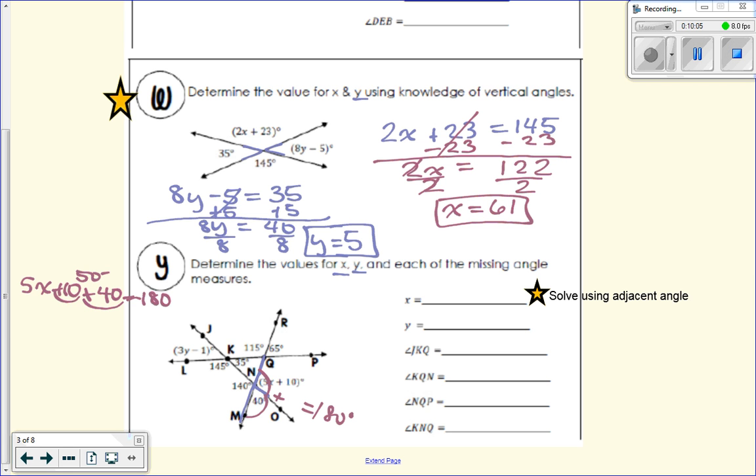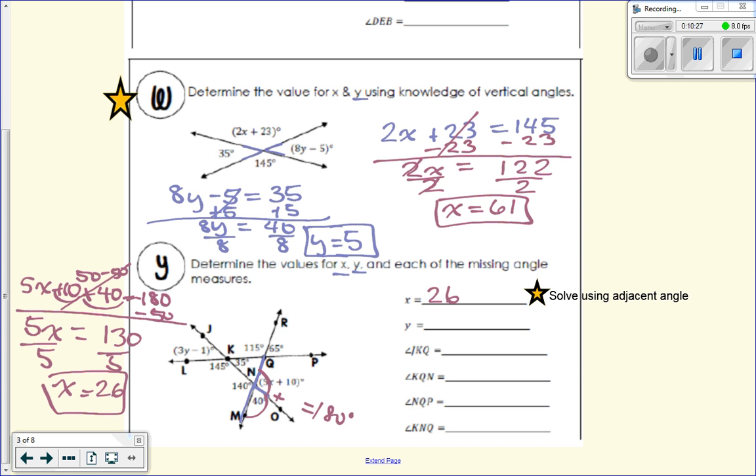And then we can subtract 50 from both sides. So that creates a 0 here, so we're left with 5x equals 130. Divide by 5, and you get x equals 26. So we're good with that?